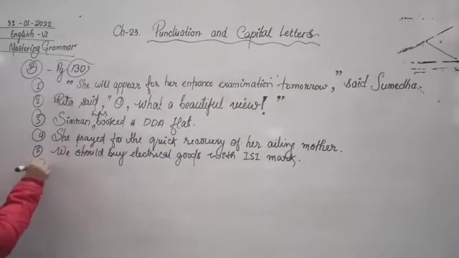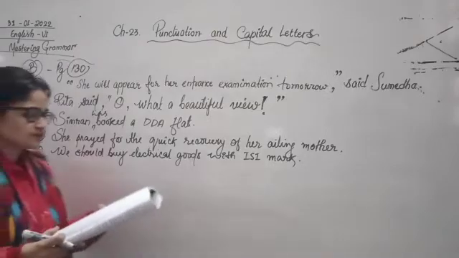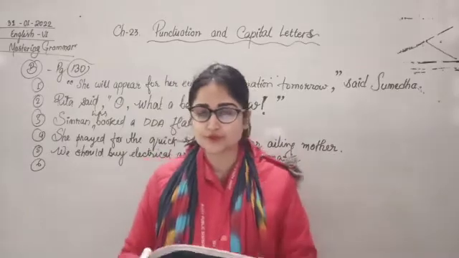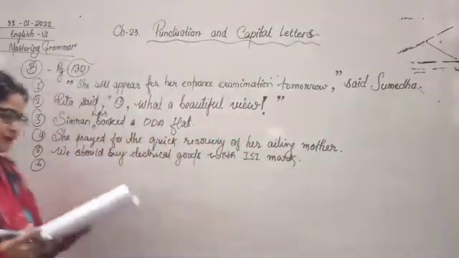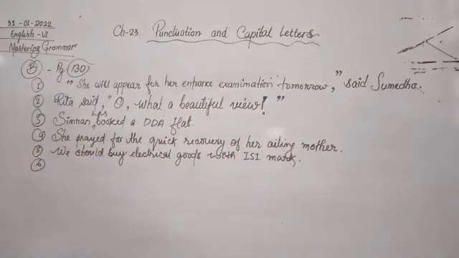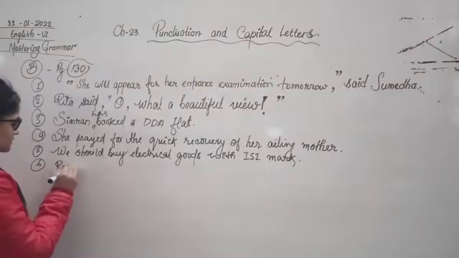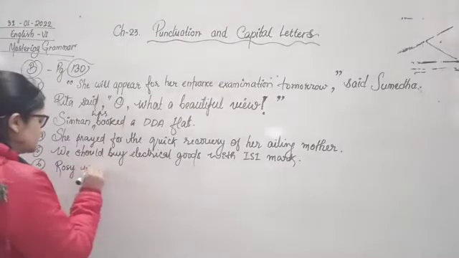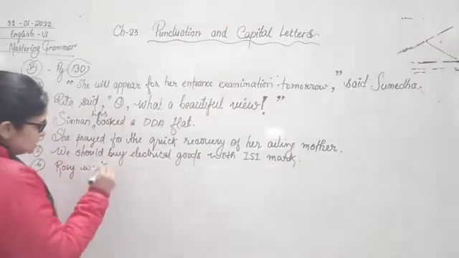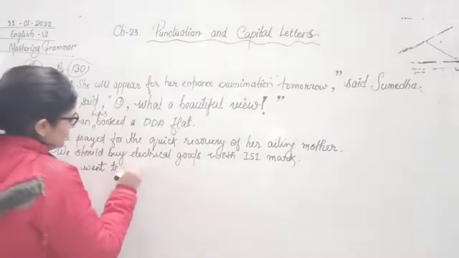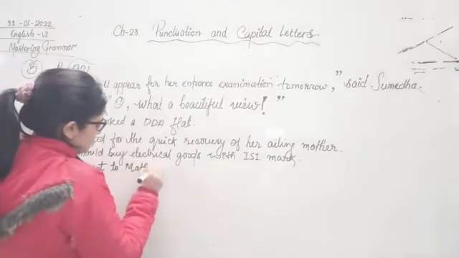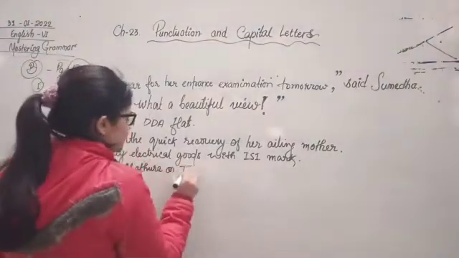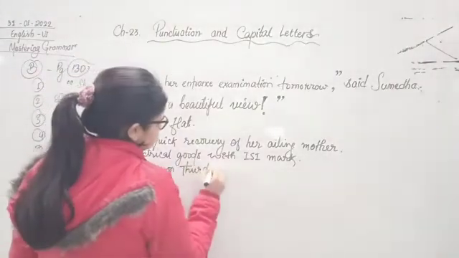Now number 6. Rosie went to Mathura on Thursday as she had an appointment with Dr. Sudhir Pandey. A lot of words here are in small letters. So Rosie, R will be capital. Rosie went to Mathura. Mathura is a place, so M capital. On Thursday, so T capital, name of a day.